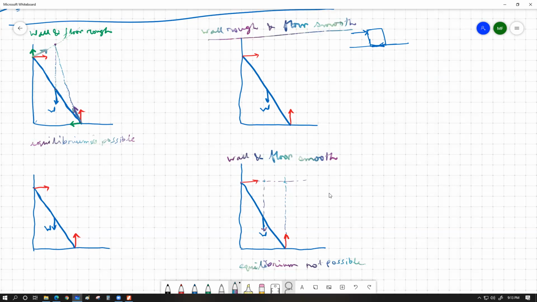If wall is rough, then we're going to have the friction force of the wall over here. So this force is going to be right over there. And if floor is smooth, floor is not going to have any friction force, which means in this case, we're going to have the resultant force in the upward direction. So let's say the resultant force could be any of the upward right direction, doesn't matter. But the ground friction would not be there.